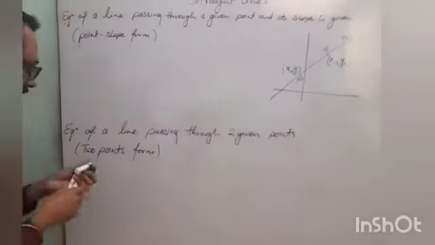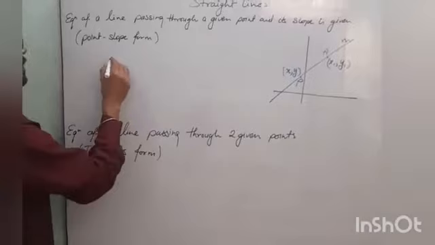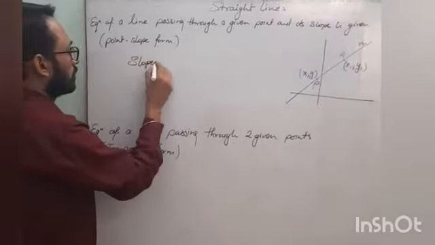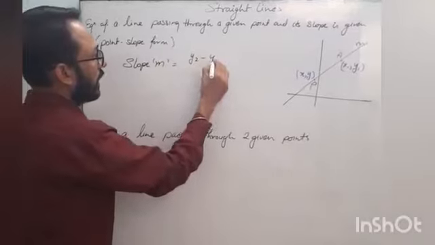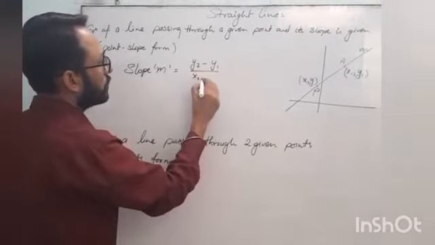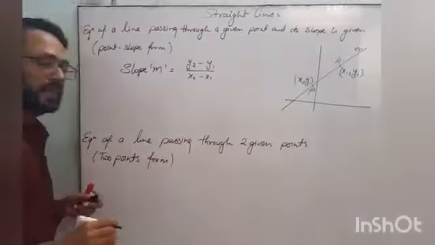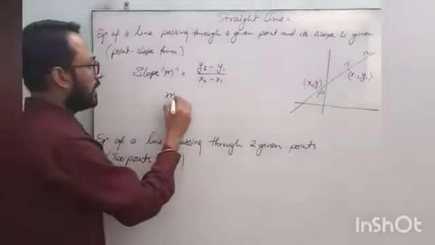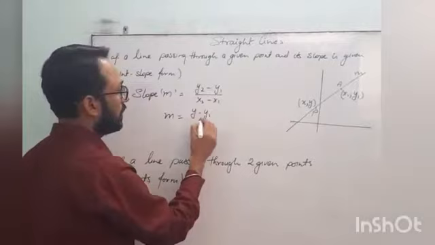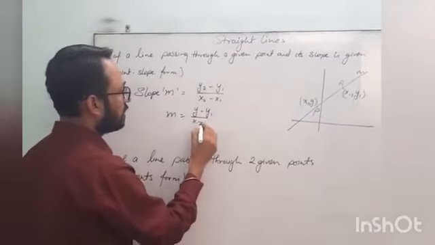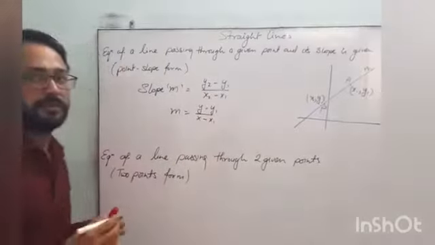So slope of the line, slope m is equal to y2 minus y1 upon x2 minus x1. Now slope m can be written as y2, I am saying y, minus y1 is y1 itself, upon x minus x1.